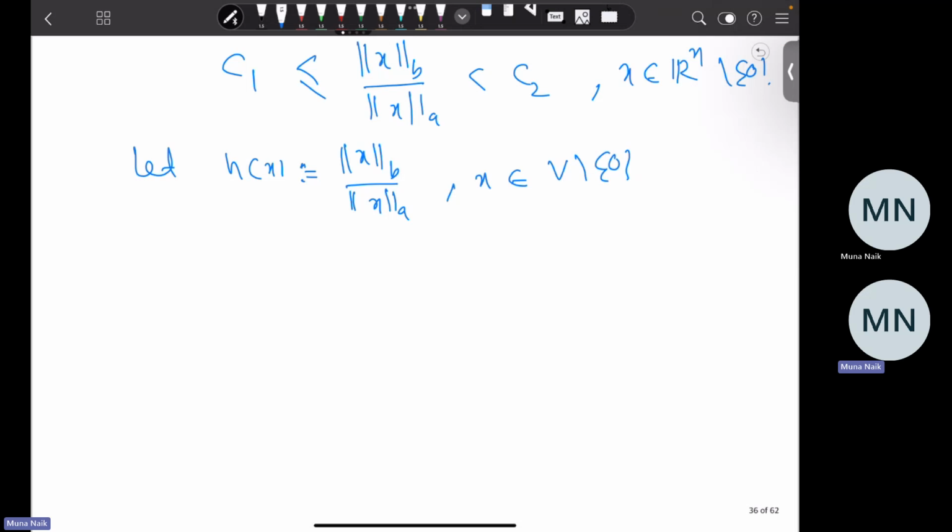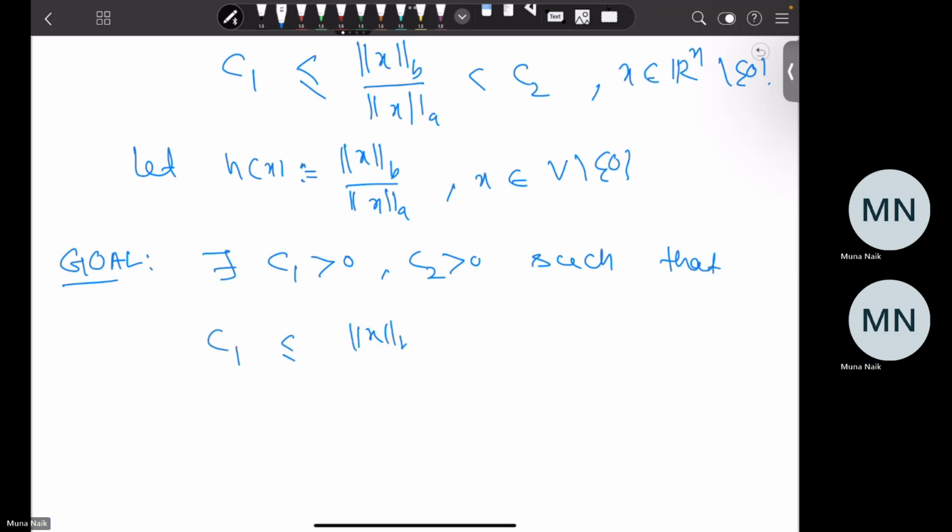So our goal is to show that there exist some c1 greater than 0 and c2 greater than 0 so that c1 is less than or equal to h(x), which is less than or equal to c2, for x belonging to Rn minus 0.